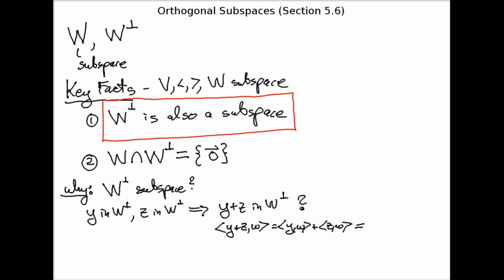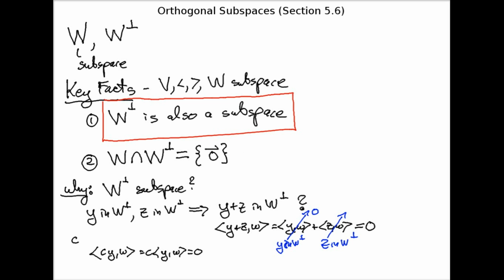And since y is in W perp, this is equal to 0, and this is equal to 0 since z is in W perp. And so, indeed, this thing is equal to 0. And similarly, if c is a scalar, then ⟨cy, w⟩ is equal to c⟨y, w⟩, and that's equal to 0. And both of these are for any w in W. So this says that y plus z is orthogonal to every vector in W, and cy is orthogonal to every vector in W. Okay. So that's really elementary.